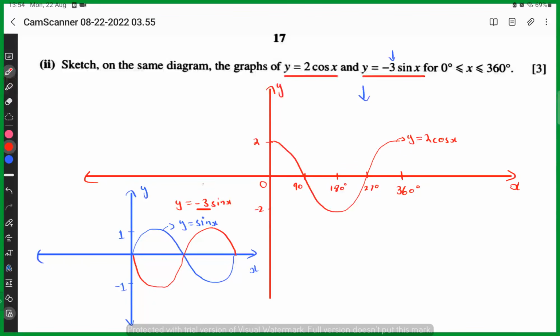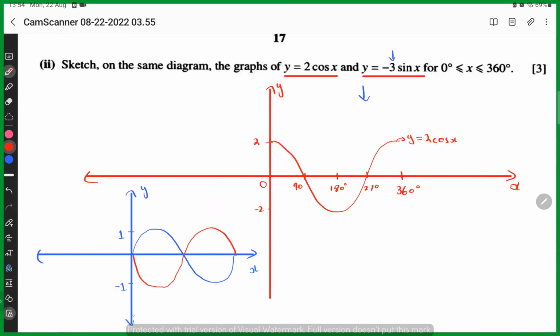Now I need to think about what happens when I multiply y equals minus sine x by 3. Now 3 is being multiplied with the entire function, so that is going to be a stretch along the y-axis. What would happen? I need to erase this because I need more space.